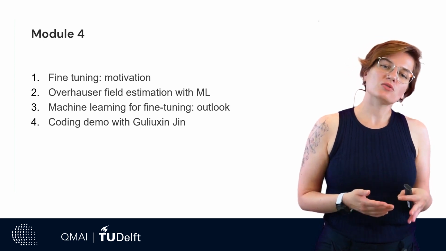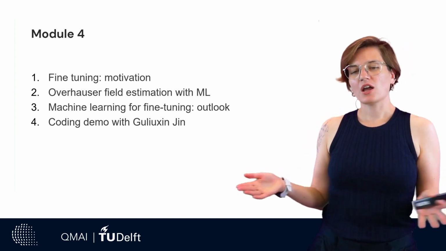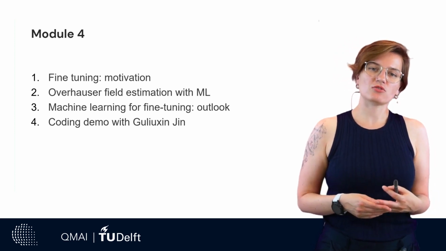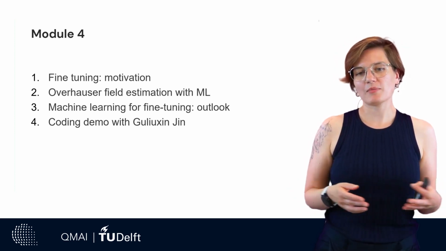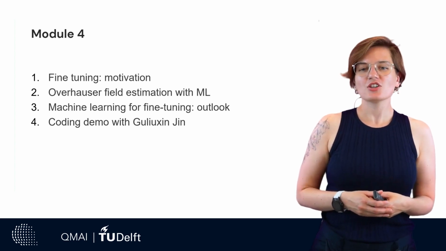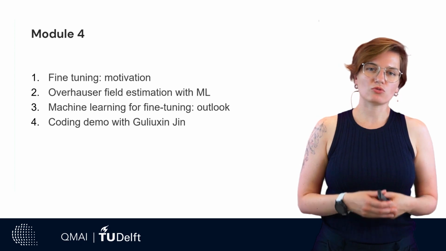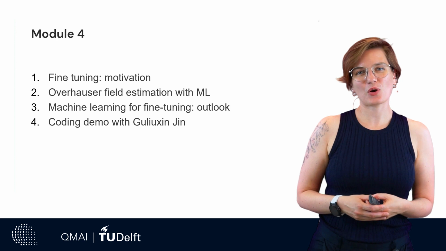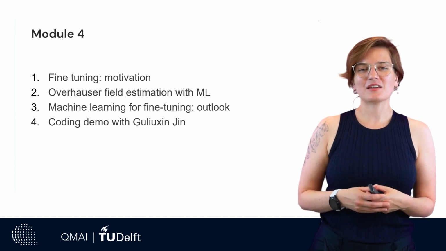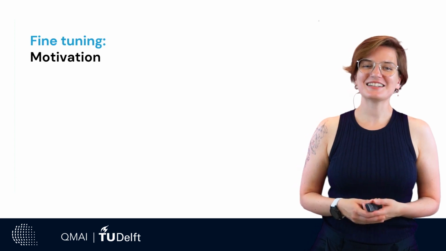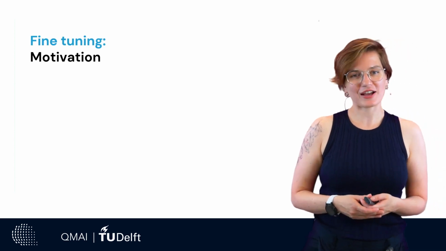Then I'm going to give a longer look at the state of fine-tuning in real experimental setups, and then we will conclude with a coding demo with Tin. She is going to walk you through the fine-tuning Overhauser field estimation code so you can redo everything you learned today for yourselves. So let's get started with the motivation for fine-tuning.